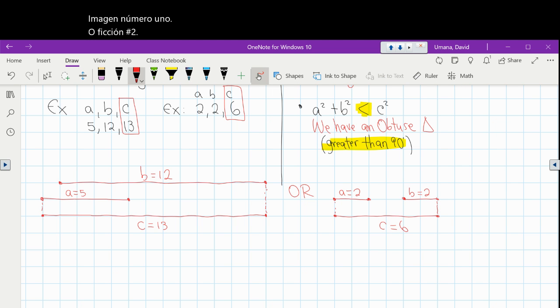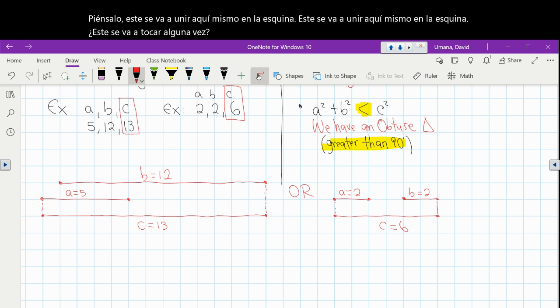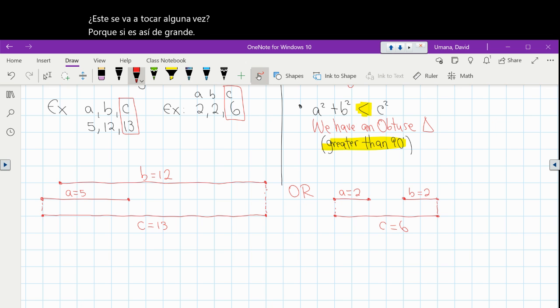Now think about it. This one is going to join right here in the corner. This one's going to join right here in the corner. Is this one ever going to touch? Because if it's this big and these are the same size, but they're short, am I ever going to make them touch? But this one is almost the same size, and one is definitely bigger.